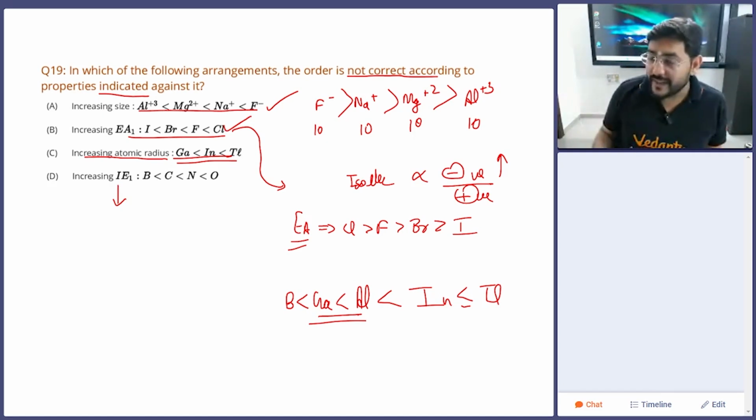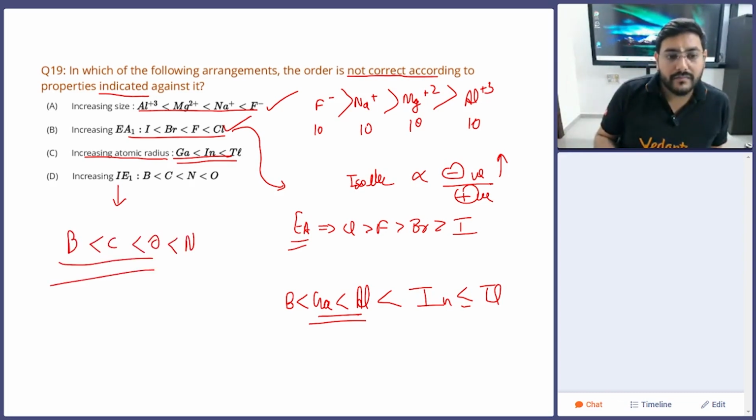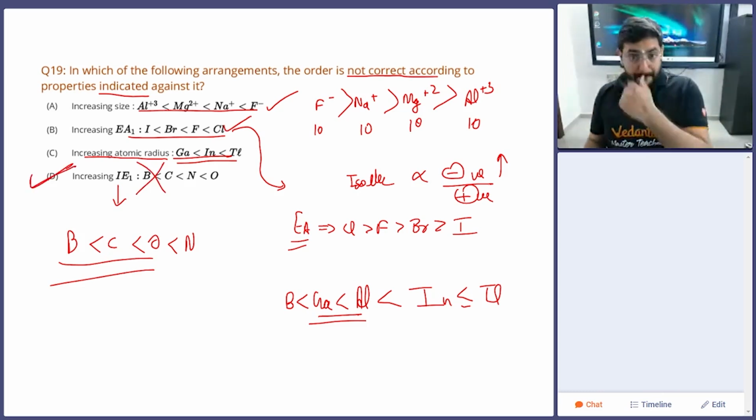So from left to right Z effective increases, but we are aware that ns2 and np3 have higher ionization enthalpy because they have stable configuration. So the order is nitrogen, then oxygen, then carbon. Is this part clear? Yes, everyone.